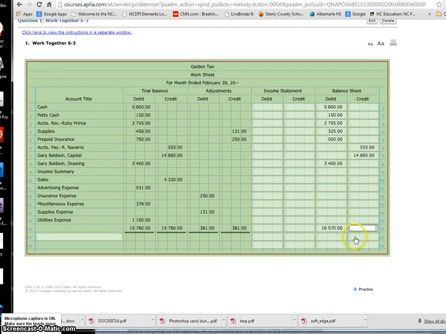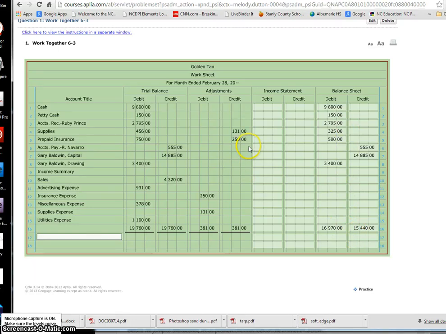Okay, add up your credits and you get $15,440. Okay, no, these are not balanced, but let us finish doing the income statement, finish out our worksheet, and you'll see how we bring these into balance. Okay, so those are the balance sheet accounts.